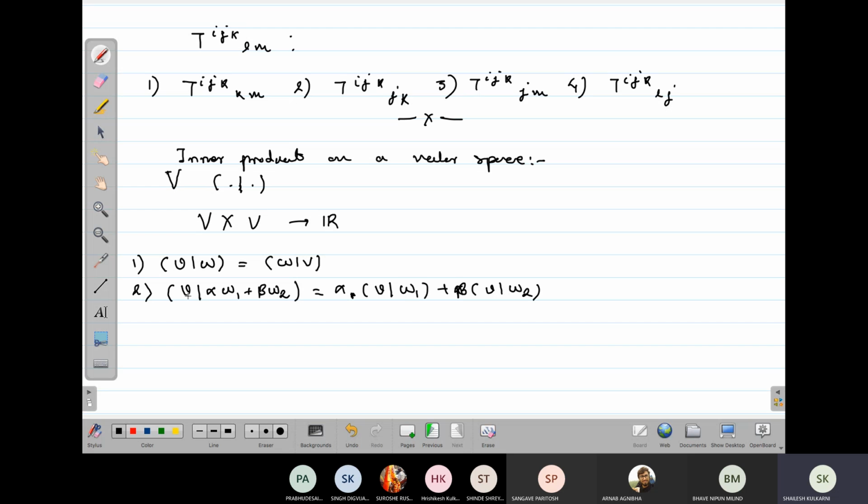Similarly, if I replace V by alpha V1 plus beta V2, the linearity holds. So it is linear in the first slot as well as linear in the second slot. So it is a bilinear operation. Okay, it's called symmetric.